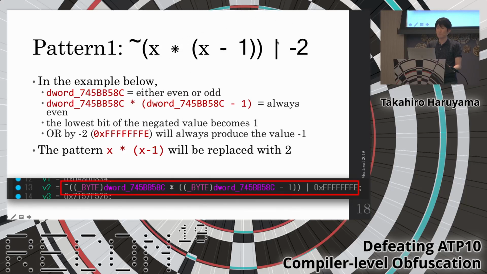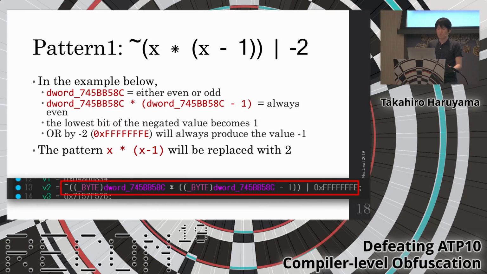In the example below, the global variable is either even or odd. So the value multiplying the global variable by the variable minus 1 will always be even. Then the lowest bit of the negated value becomes 1. So finally, the value ORed by -2 will always produce -1.